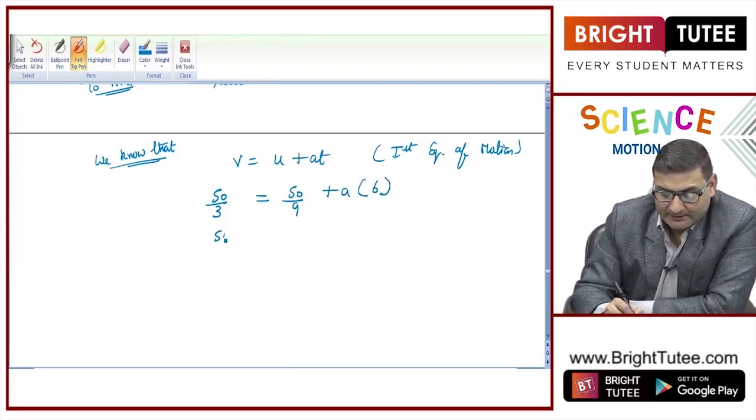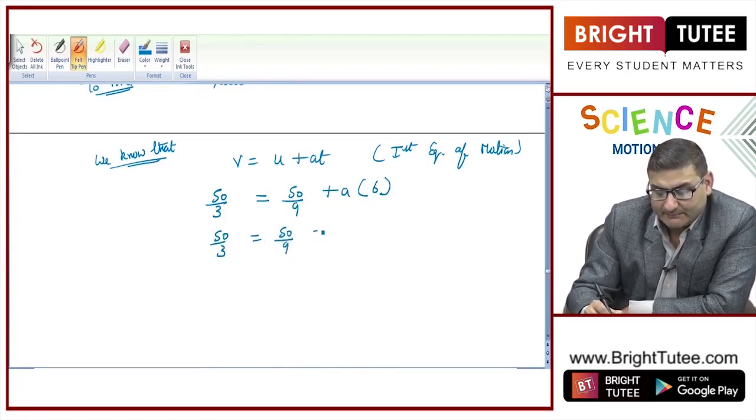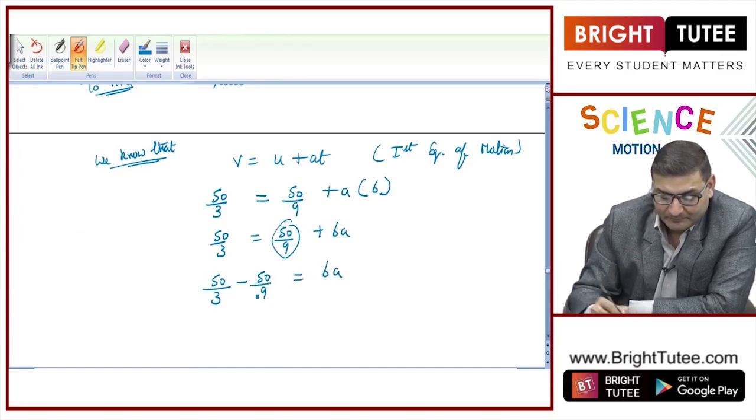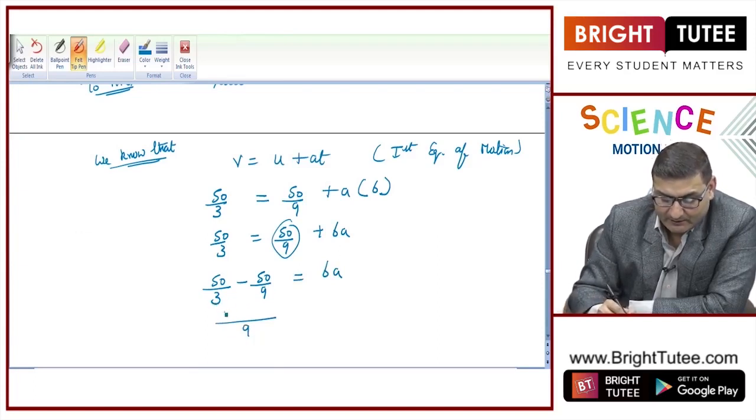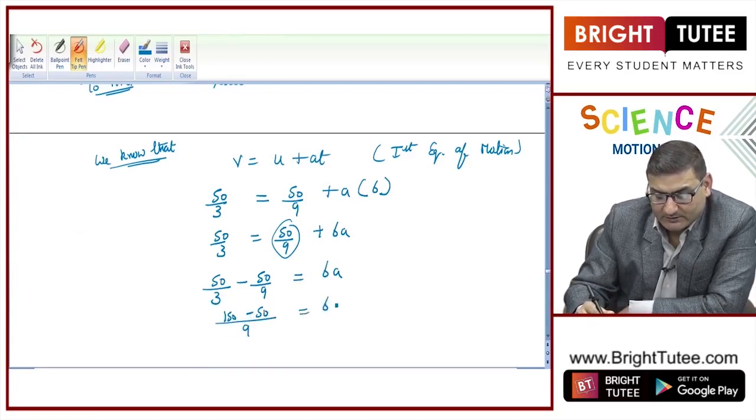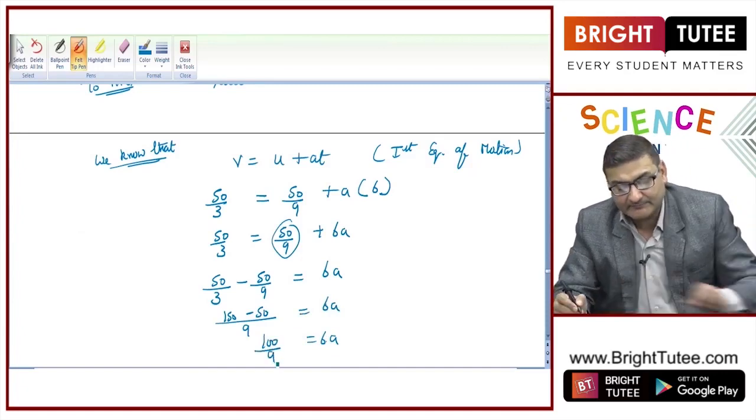So, this comes out to be 50 by 3 is equal to 50 by 9 plus 6a. Taking this on the other side, I will find this equation to be 50 by 3 minus 50 by 9 is equal to 6a. Taking the LCM here, this will be 9, right. This will be 150 minus 50 is equal to 6a, or 6a is equal to 100 by 9.